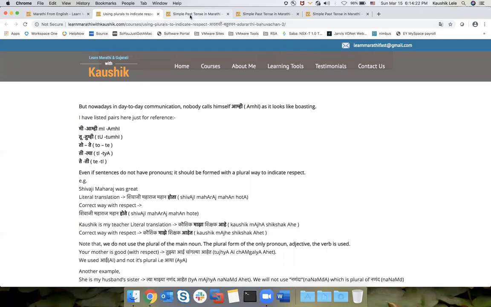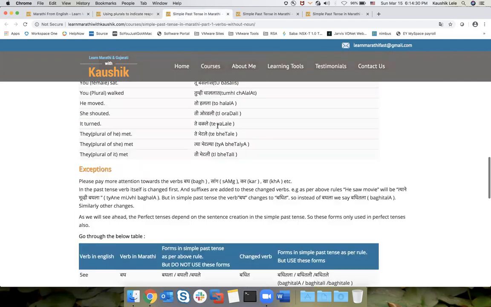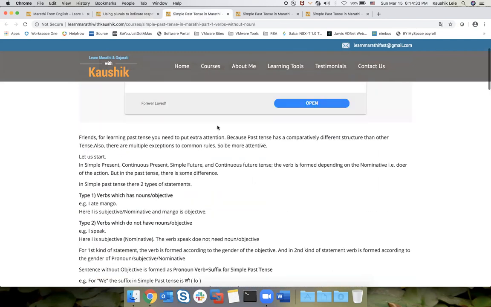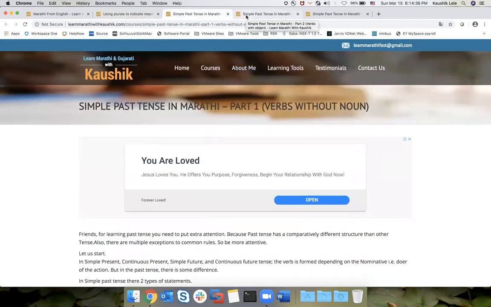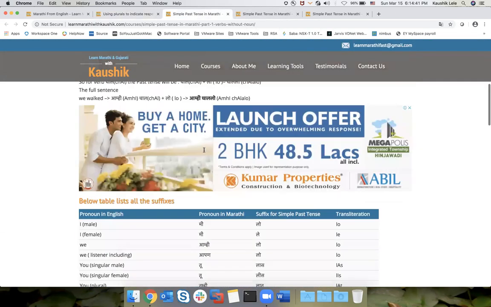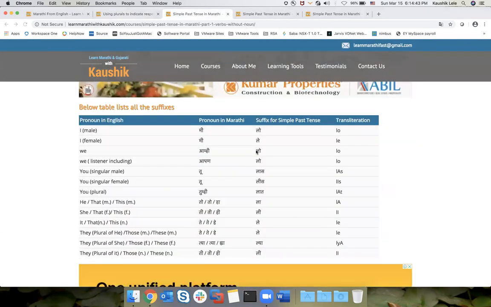Okay, so we form the past by adding different terminations to the root. And it depends whether the speaker is male, female, or neuter in gender, singular and plural.